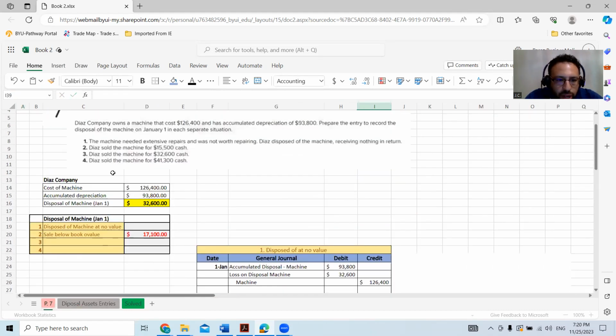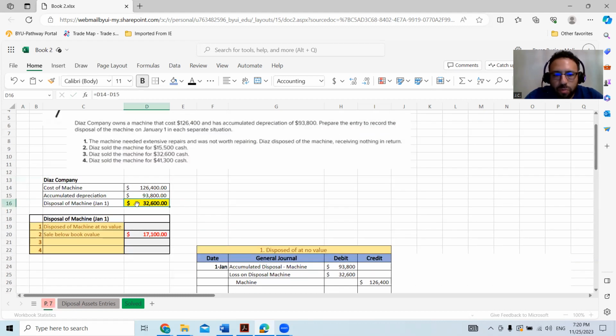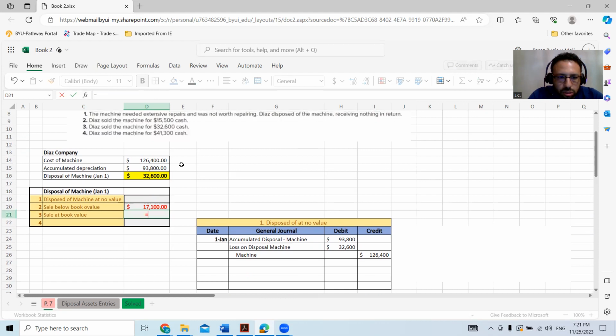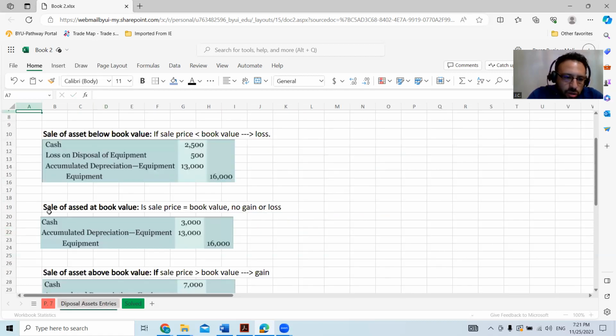For the third one, they say the company sold the machine for 32,600 in cash. And since that's the same amount as the book value, we're not gaining or losing anything. And we call this selling at book value. That's pretty much the same as this. And how do we do the entry? It's right here.